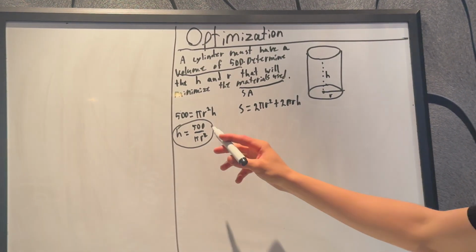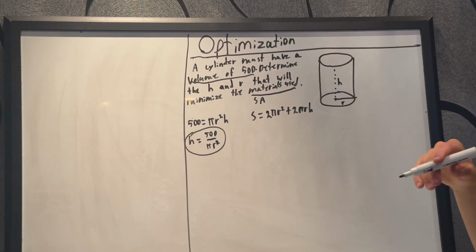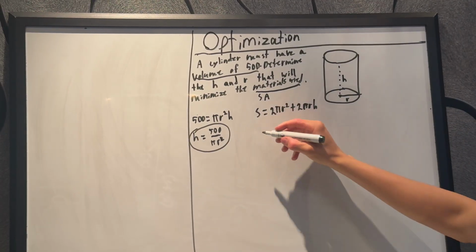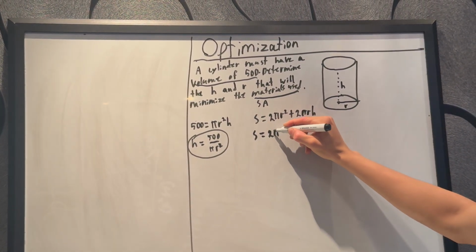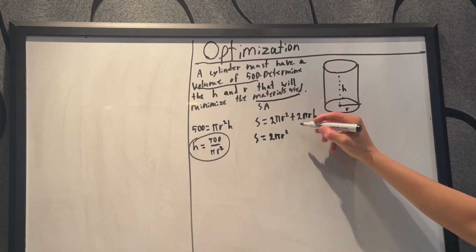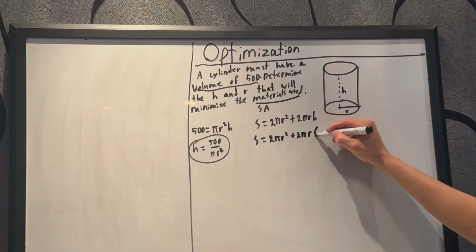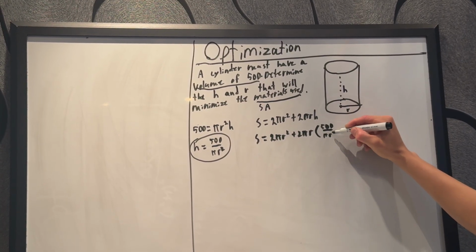Now we can put this into our surface area and then find the derivative to determine where the radius will be the smallest. So we're going to have surface area is equal to 2 pi r squared plus 2 pi r times 500 over pi r squared.